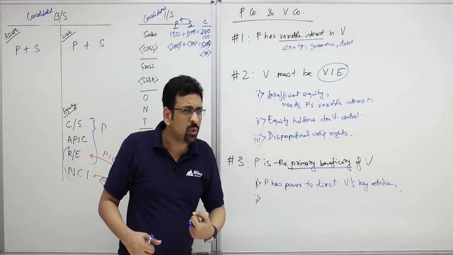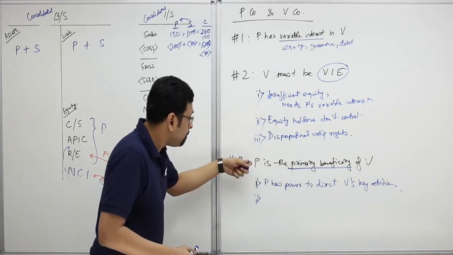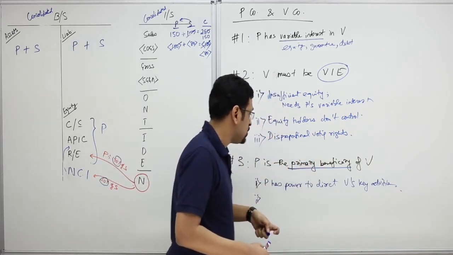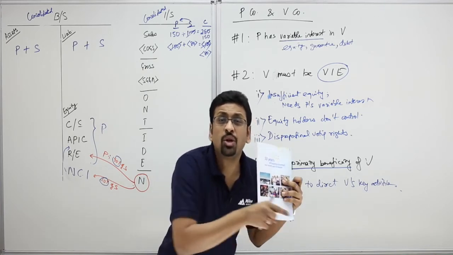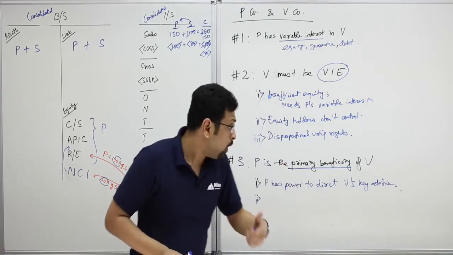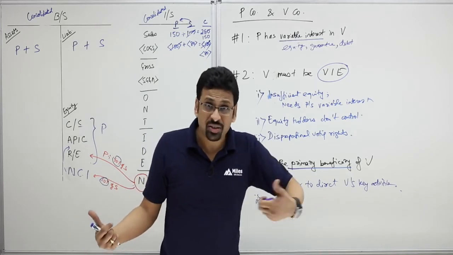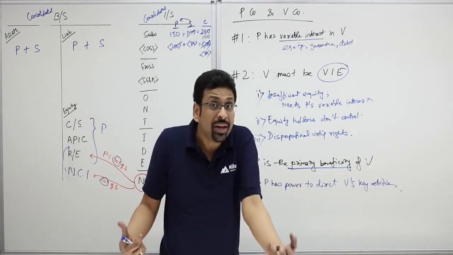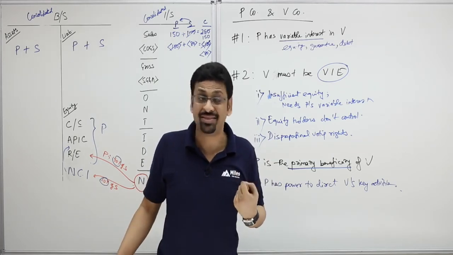Something which is true for equity holders, right? That's what I'm talking about here. So P is a primary beneficiary. It directs V, it tells V how V should be running its company. Now P would be absorbing the expected losses if V has losses, and they would be getting expected residual benefits if V has excess gains.